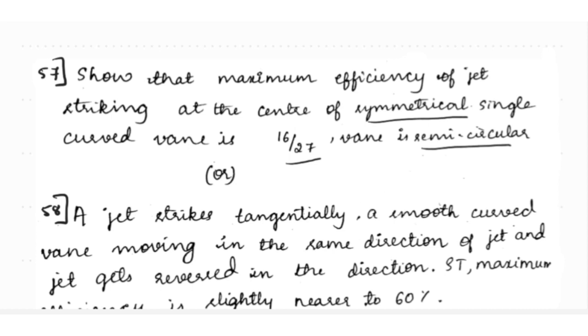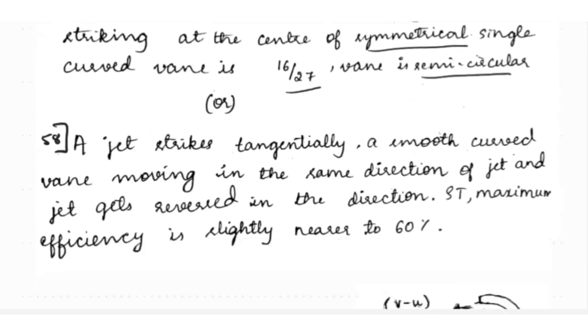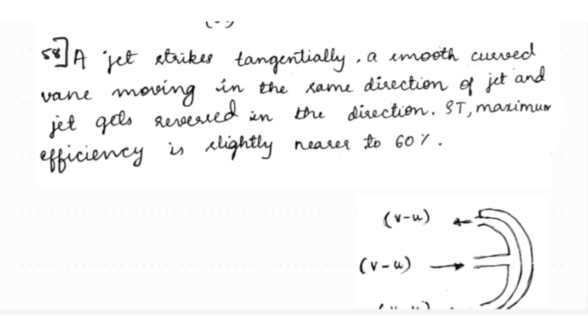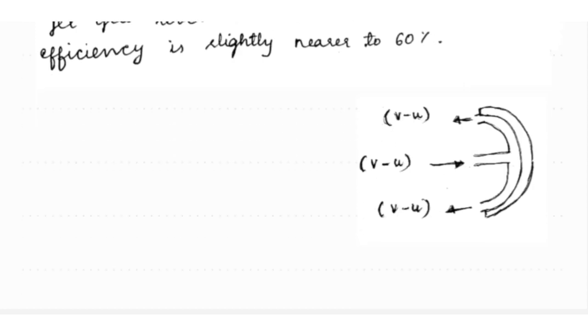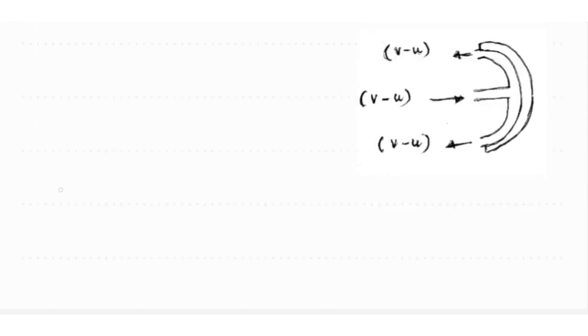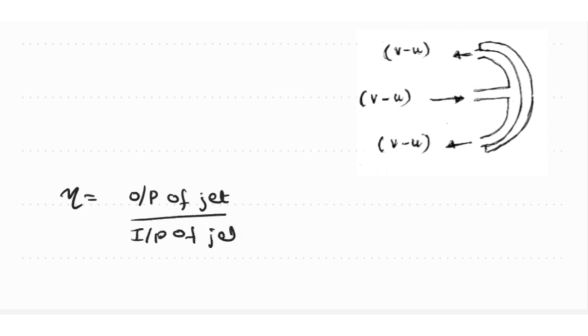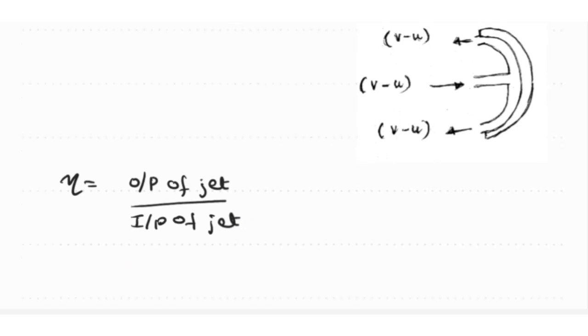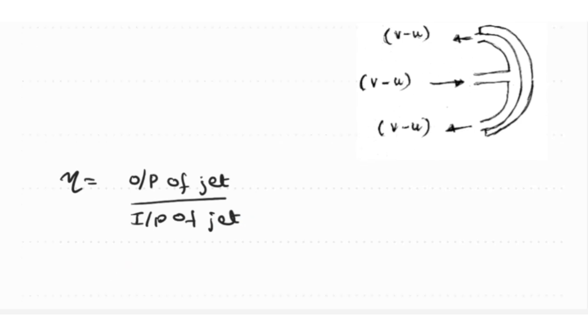So efficiency is nothing but output of jet divided by input of jet. So we'll write here eta, efficiency, is equal to output of jet divided by input of jet. Output of jet is nothing but work done. So work done is nothing but Fx into u.